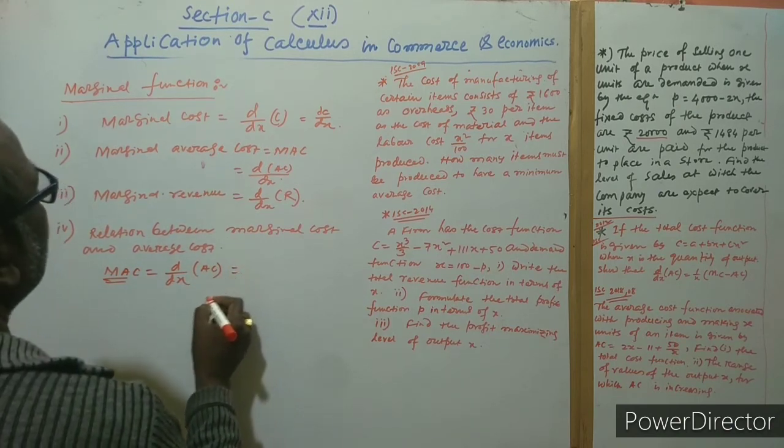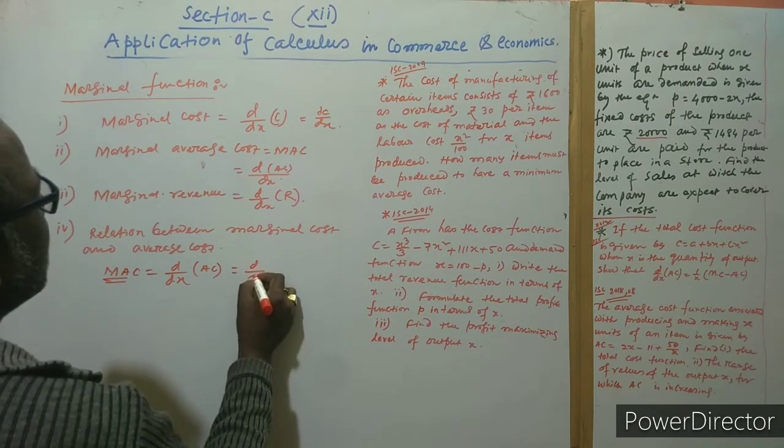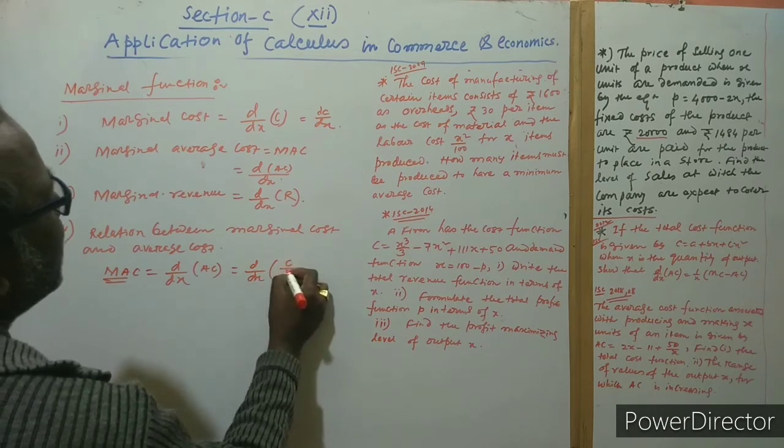Okay, so you know the average cost is the cost function by x.